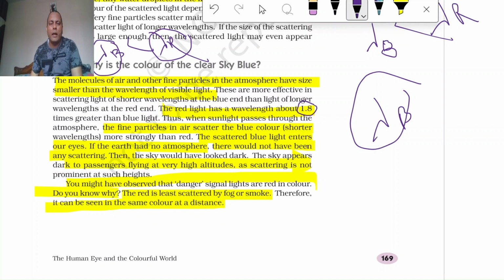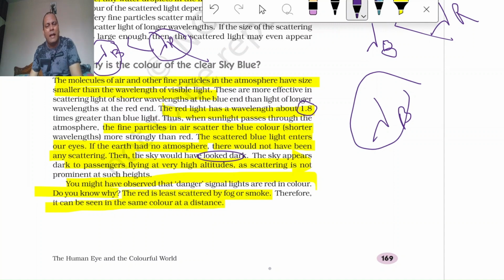The scattered blue light enters our eye. If the earth had no atmosphere, there would not have been any scattering, and the sky would look dark. So due to the atmosphere and the scattering phenomenon, the blue light coming from the sun and the sky reaches our eye, and the sky looks blue.